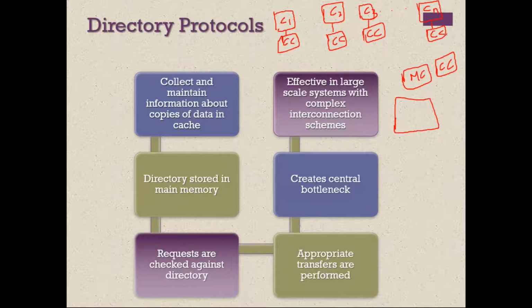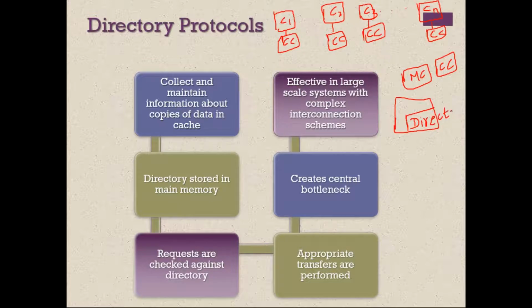Directory contains global state information about the contents of the various local caches. Each cache is called a local cache. So the directory is nothing but some space in the main memory which contains information about the state of the local caches.